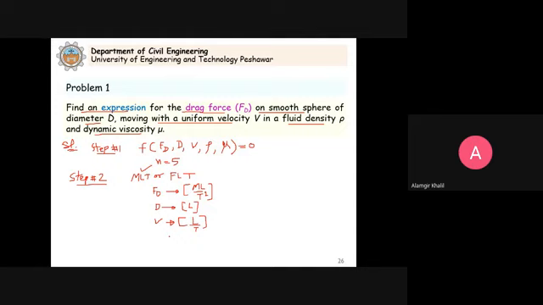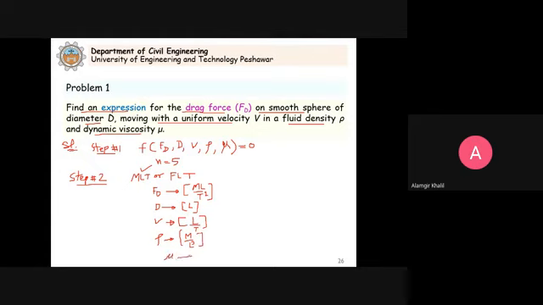Then we have the density, M by L cubed, and we have the viscosity.